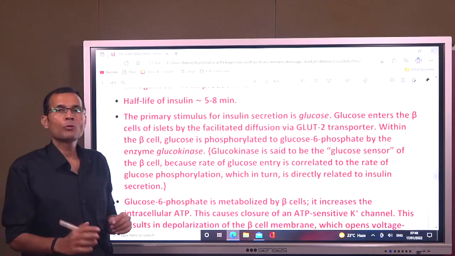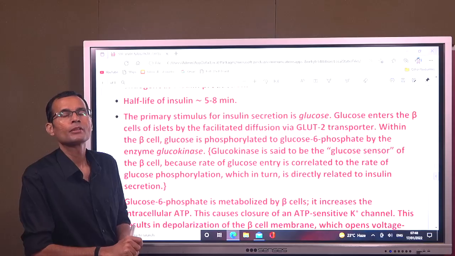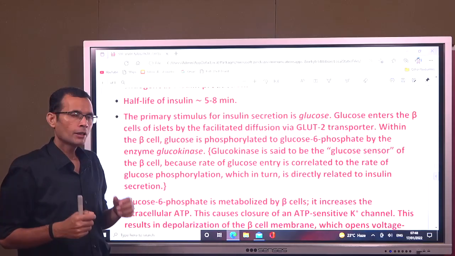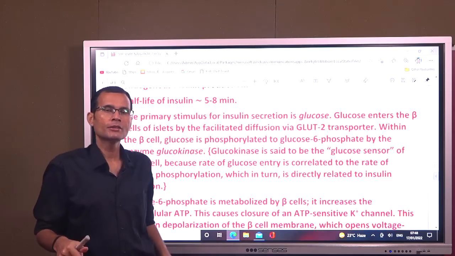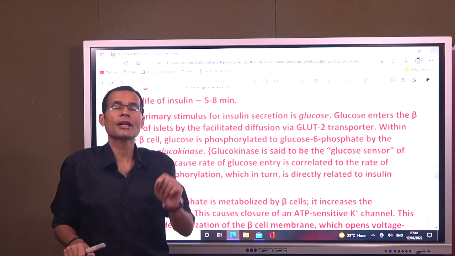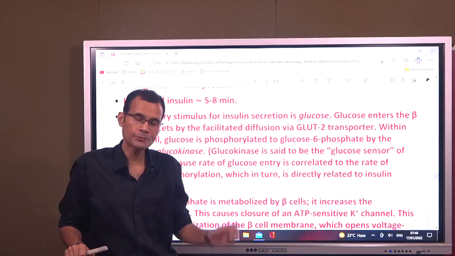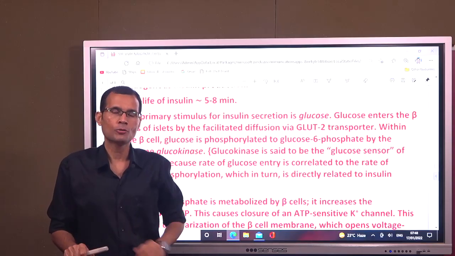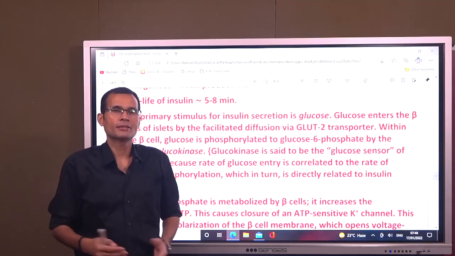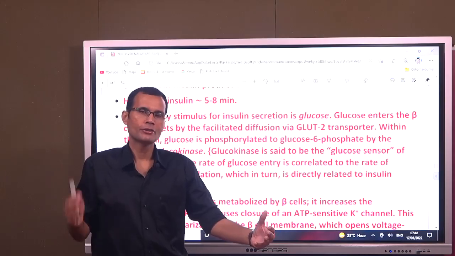What is the primary stimulus for insulin secretion? It's the glucose. I want to introduce one term here, the substrate controlled hormone or substrate regulated hormone. Insulin is a substrate regulated hormone. What do we mean by this? Glucose is a substrate for insulin.